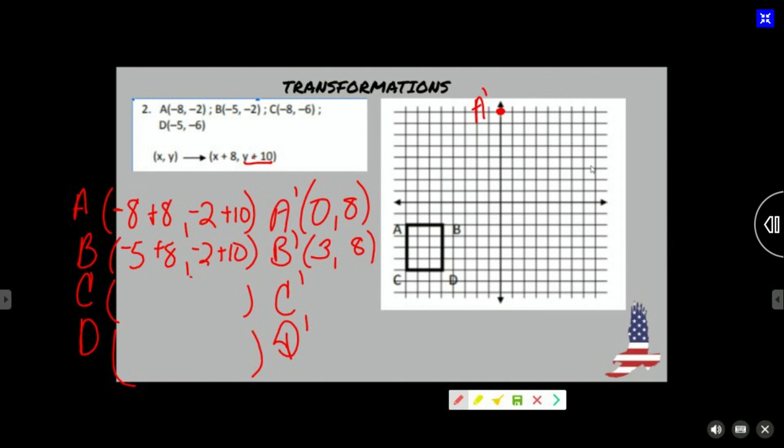All right. 1, 2, 3, 1, 2, 3, 4, 5, 6, 7, 8. C, negative 8 and negative 6.